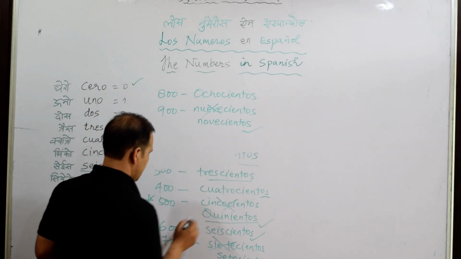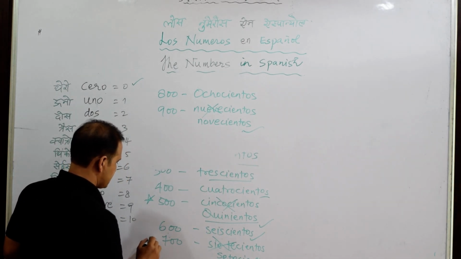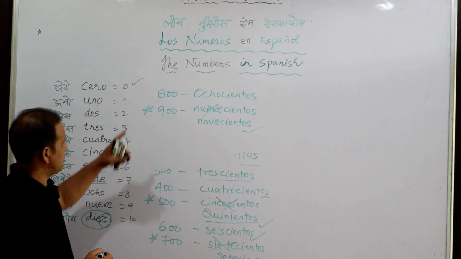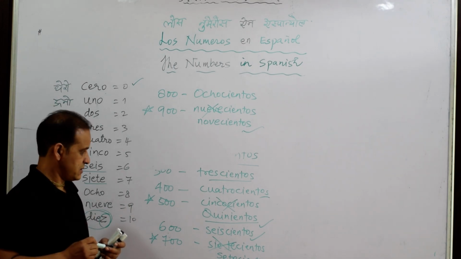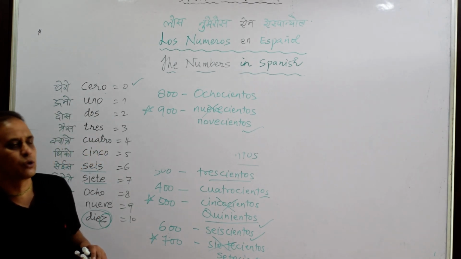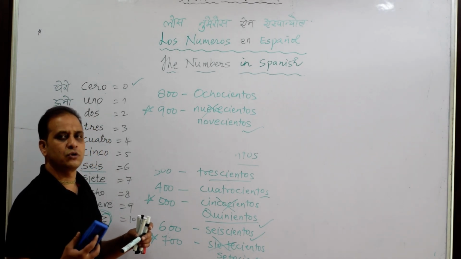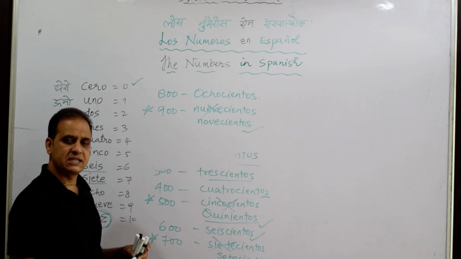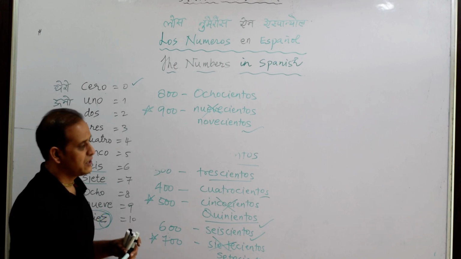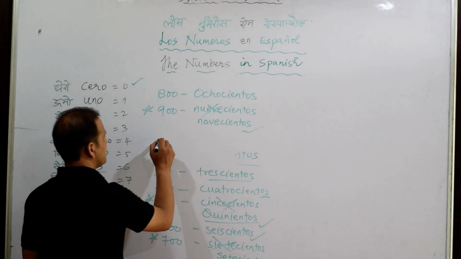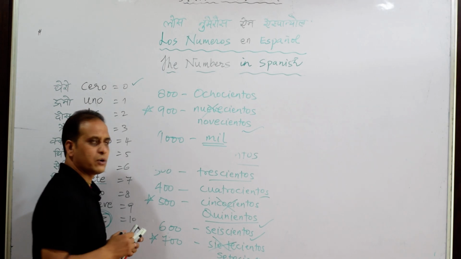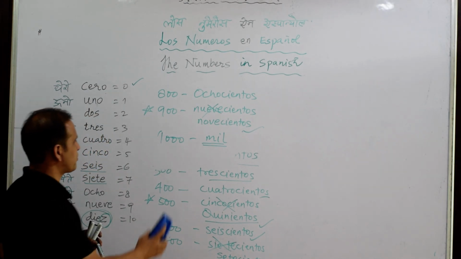So in the case of 500, 700 and 900, you find some changes are there. So you will have to just focus more on these things. So 100 is cien, but whenever 100 comes with some other numbers, it becomes ciento, and dos cientos, tres cientos, cuatro cientos, quinientos, seis cientos, setecientos, ocho cientos, novecientos, and then we have 1000. That is mil. Mil means 1000.